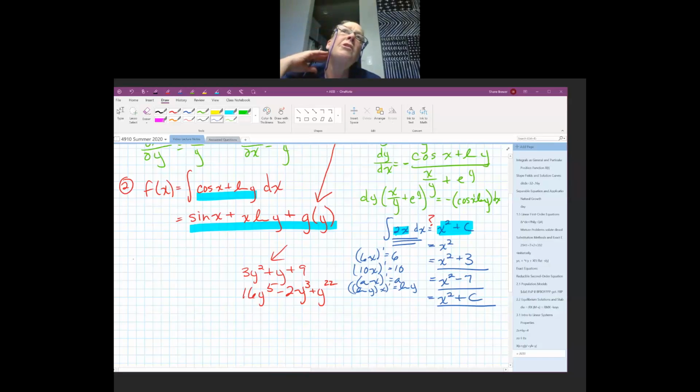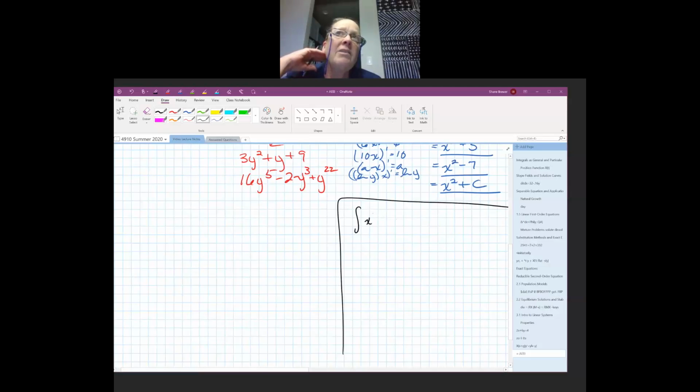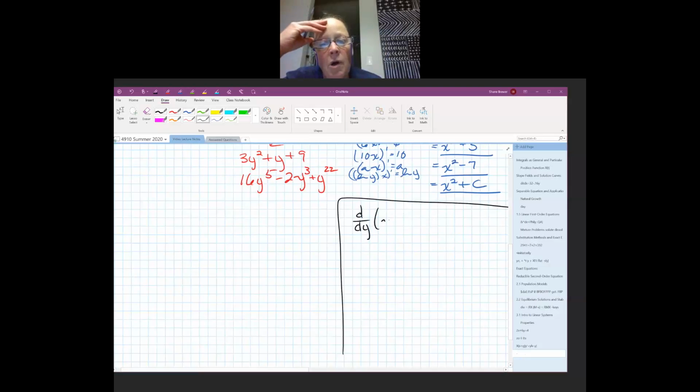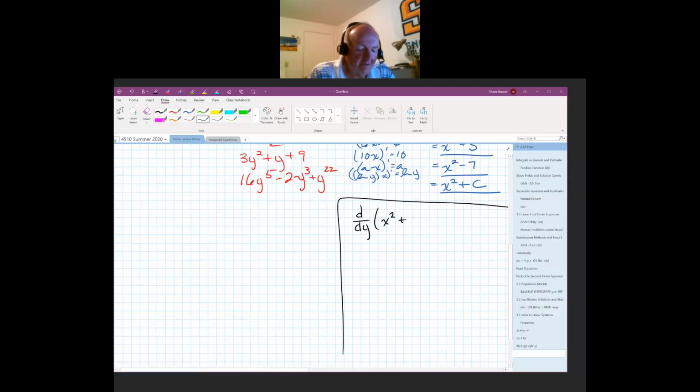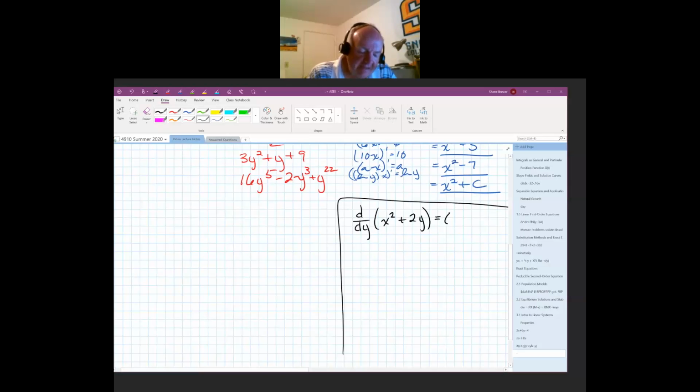If you differentiate x squared plus 2y with respect to y, the x squared goes to 0, correct? Yes. So x squared, the derivative of that is 0, plus 2.